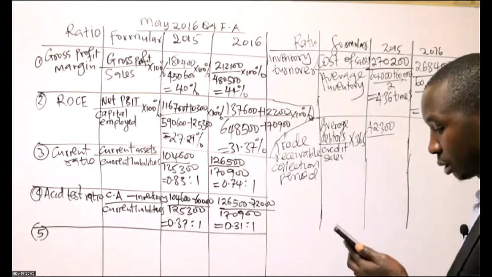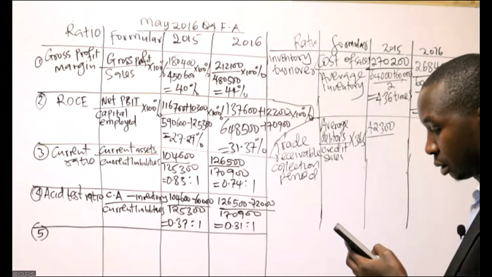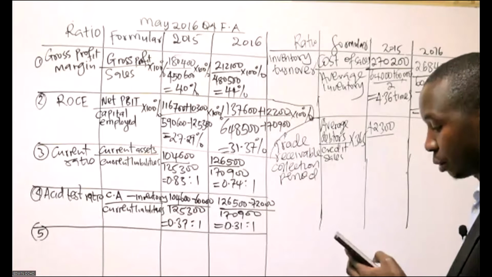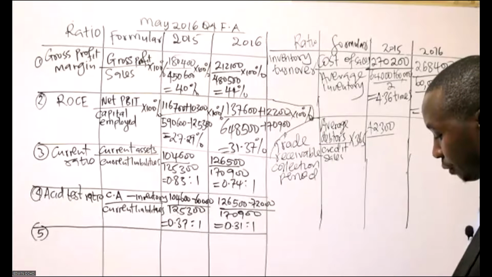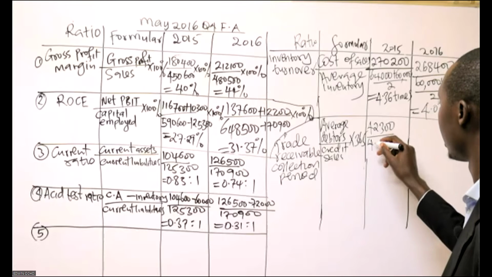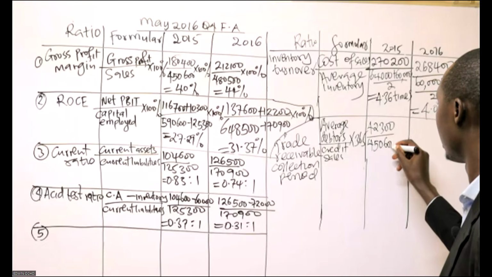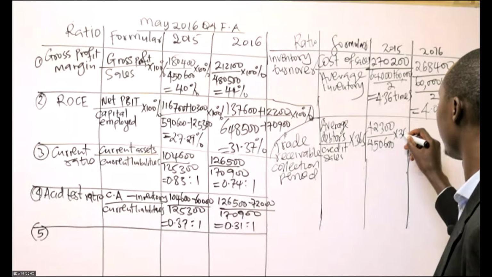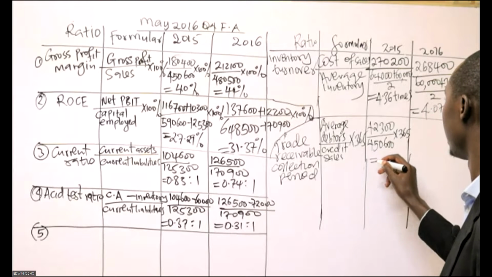So use our revenue, which is 5,600, times 365. So how many days?